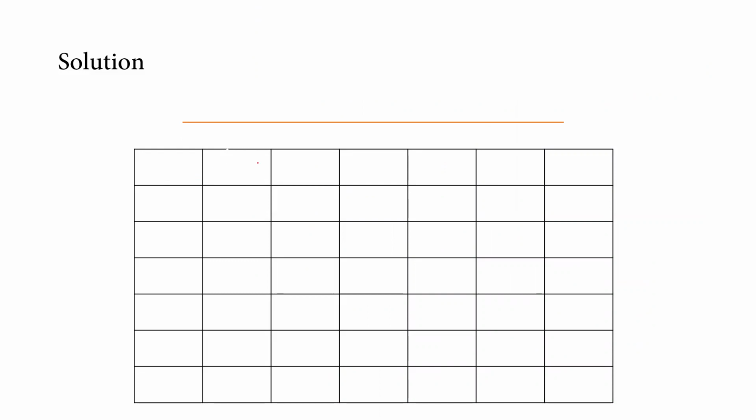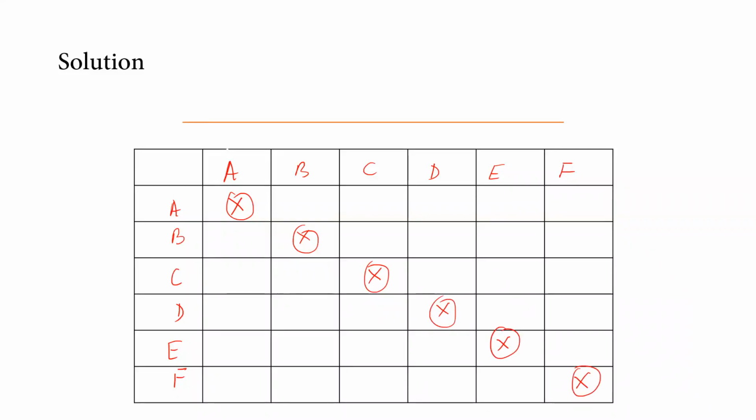We write team A, B, C, D, E, F, and again, A, B, C, D, E, F. Now, we know A cannot play against A. B cannot play against B. C cannot play against C. And F will not be against F. Our first set of data is done.